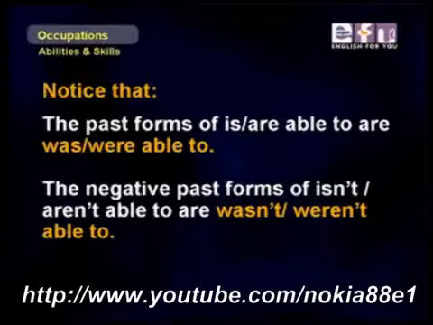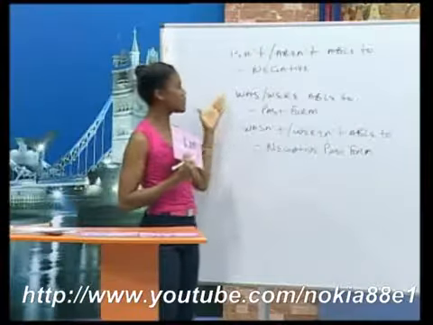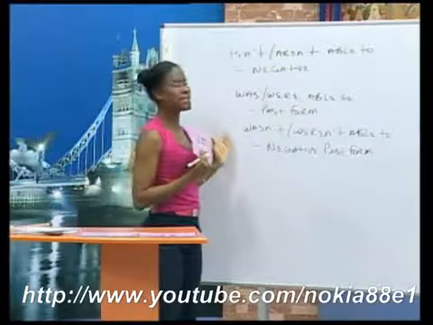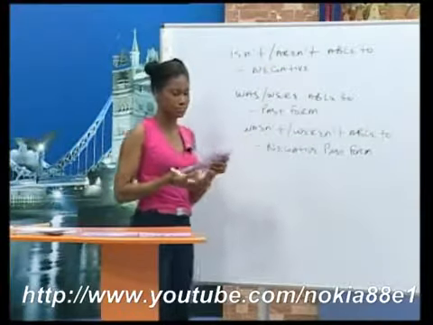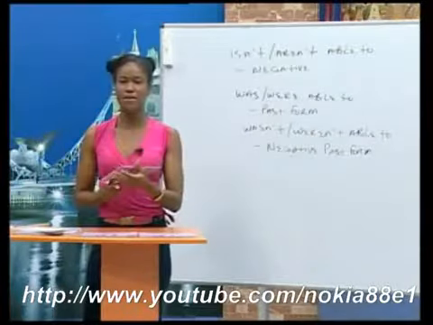Past form in the negative. The past forms of is and are able to is was and were able to. The past forms of isn't and aren't able to is wasn't and weren't able to. Okay, now let's practice the past forms of able to.